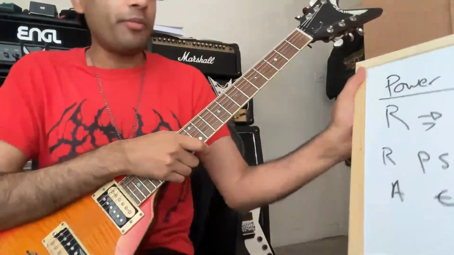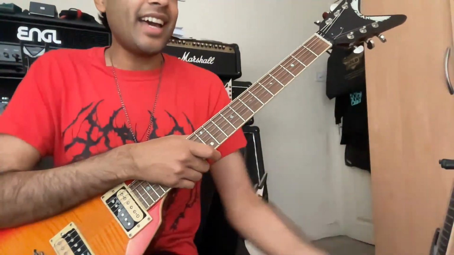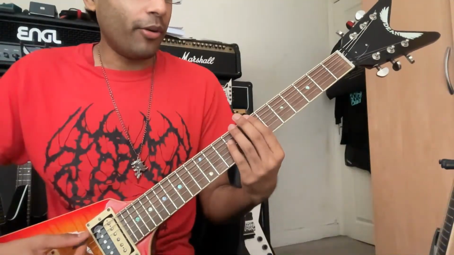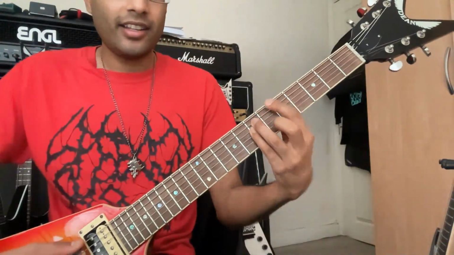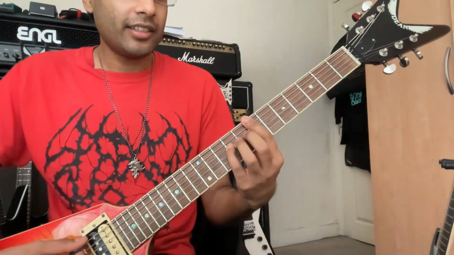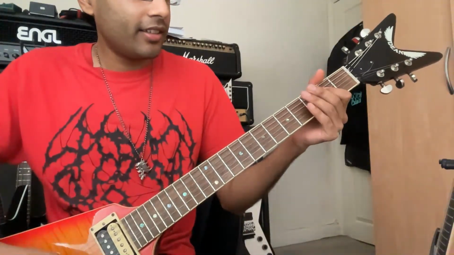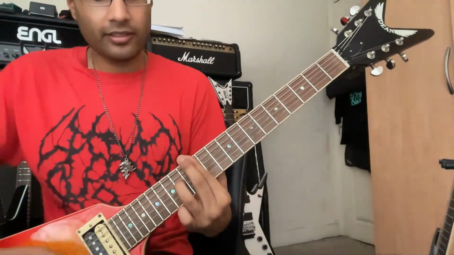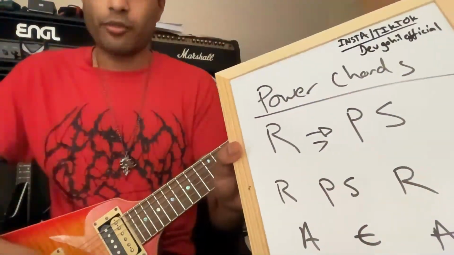But what if we swap the notes around? What if we do A, E, A? Or E, A, E? Then all you do is just play a different chord shape.